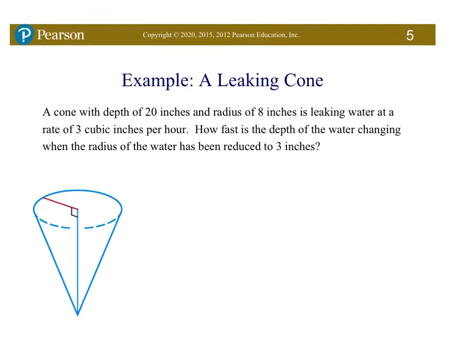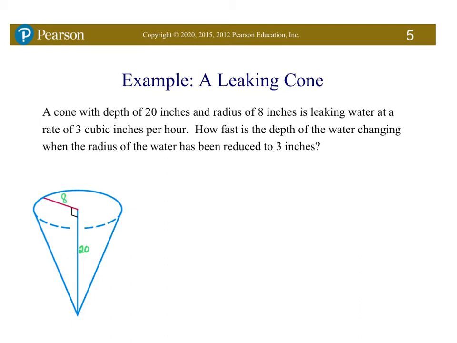Here's another geometry question that's going to have to do with volume. Now here's a cone, and the cone is upside down. This cone has a depth of 20 inches and a radius of 8 inches.